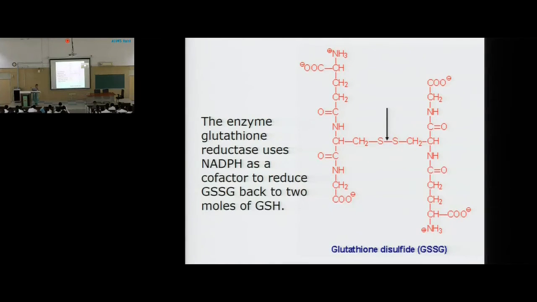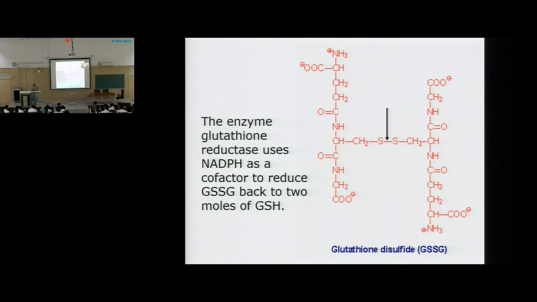And once the SH group is removed from two glutathione molecules, they will come together. So they will form a GSSG compound. That means HH has been removed. So now they join together. What is required for the reformation?